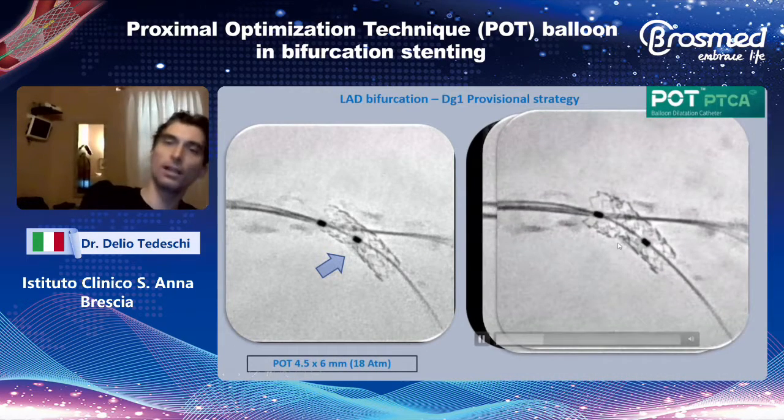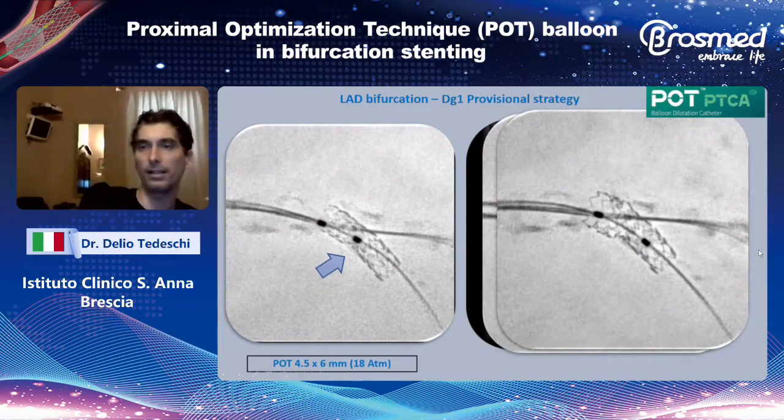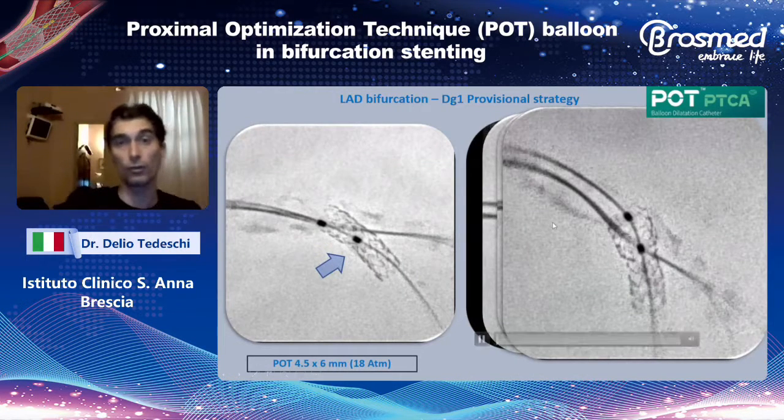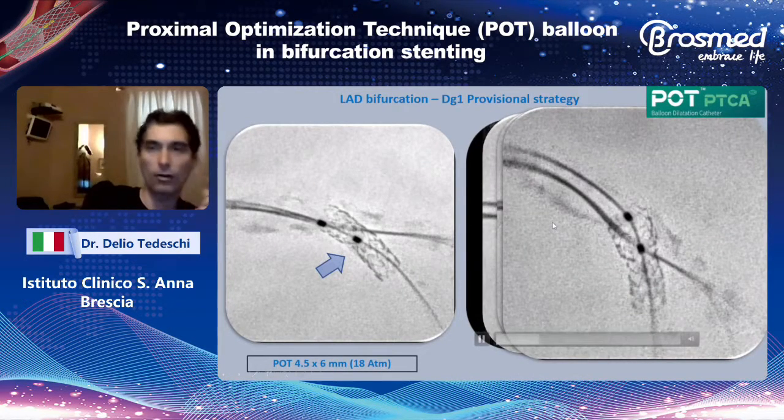Even changing projection, we can see that we have this very, very nice shape of the drug-eluting stent. Nice because it was matched with the anatomy, complex anatomy of this bifurcation.